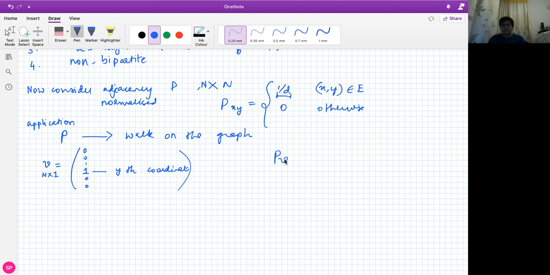If I do Pv and take the element x, this is going to be 1 by d if xy is an edge, and 0 otherwise.